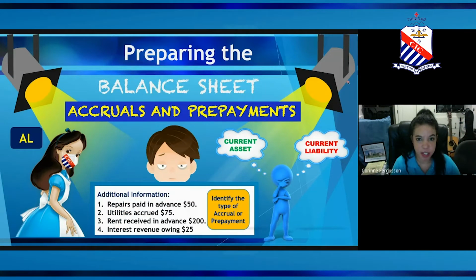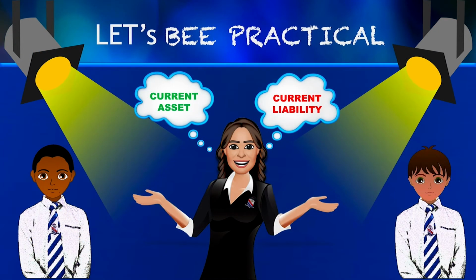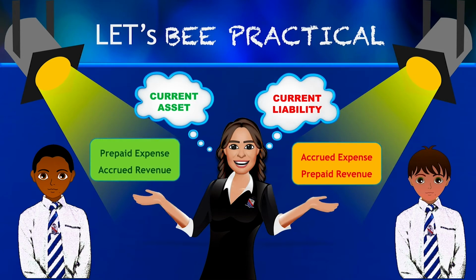Right? So once again, for your balance sheet, you're looking at different things. When you identify whether it's an accrual or prepayment, you're also going to identify if it's an accrued expense or accrued revenue, prepaid expense or prepaid revenue, and that will determine whether it's a current asset or a current liability.